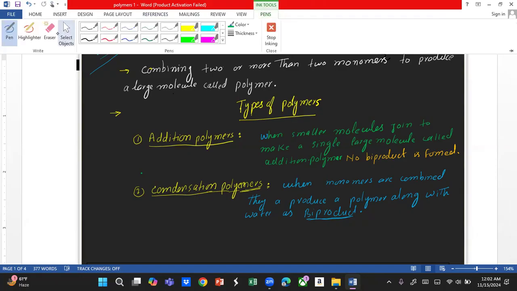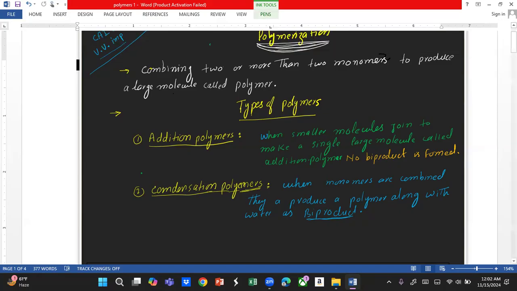The smaller molecules are known as monomers, and the larger molecule is known as a polymer. Hope you understand. Monomers are the simple molecules, just like we have a wall, and the bricks are monomers, and the wall is a polymer. We have two main types of polymers: addition polymers and condensation polymers.